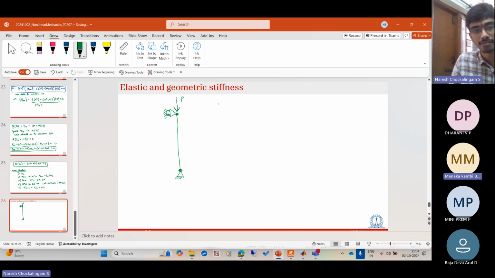You will have a governing equation as something like this: EI d²/dx² (d²y/dx²) plus Py equal to 0. I think this is what you'll get. This is the linearized buckling analysis.